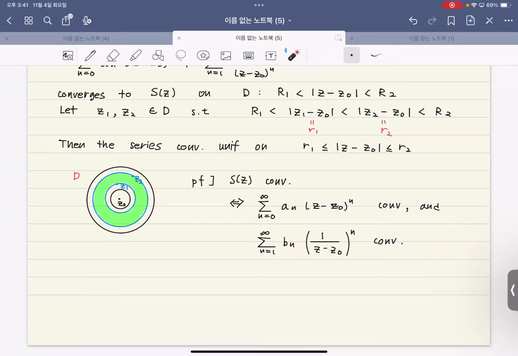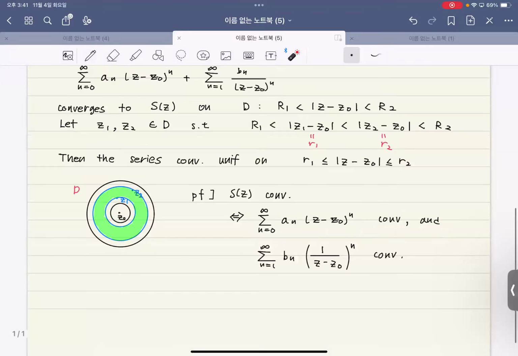We already know that these two series both converge, and we have chosen two random points Z1 and Z2. So if I plug in Z equals Z1 or Z2 here, then this one should be convergent.